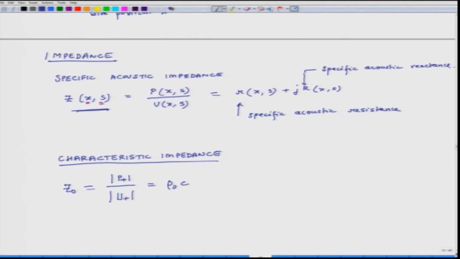Okay. So, this does not depend on the system, it only depends on the medium.